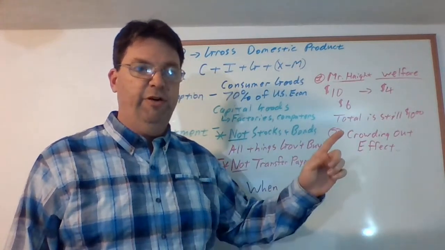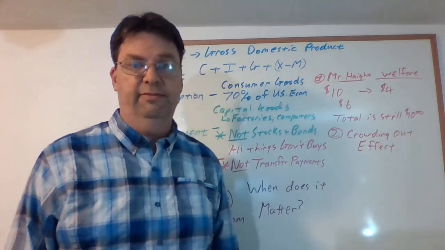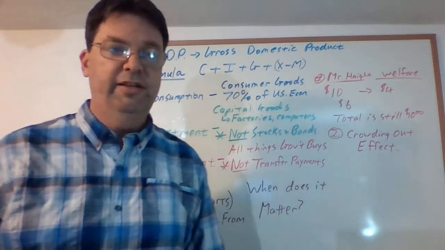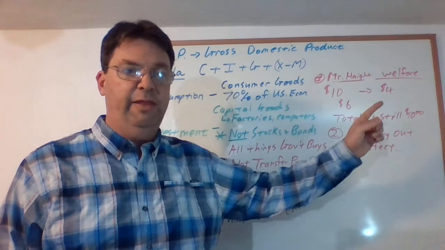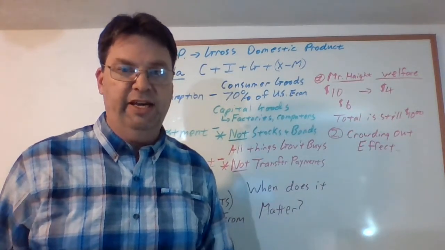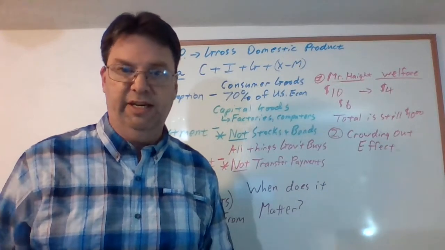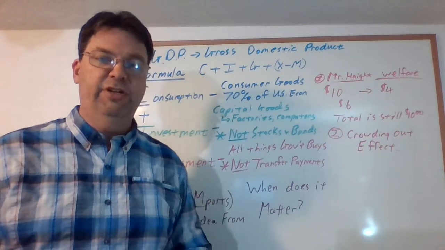And the answer is no, because the total is still just $10. All right? The total is still just $10. What we had at the beginning was 10 and nothing, and now we have 6 and 4. But we're not a wealthier society. We're just a distributed society. That's all. Okay? So this doesn't actually affect GDP.